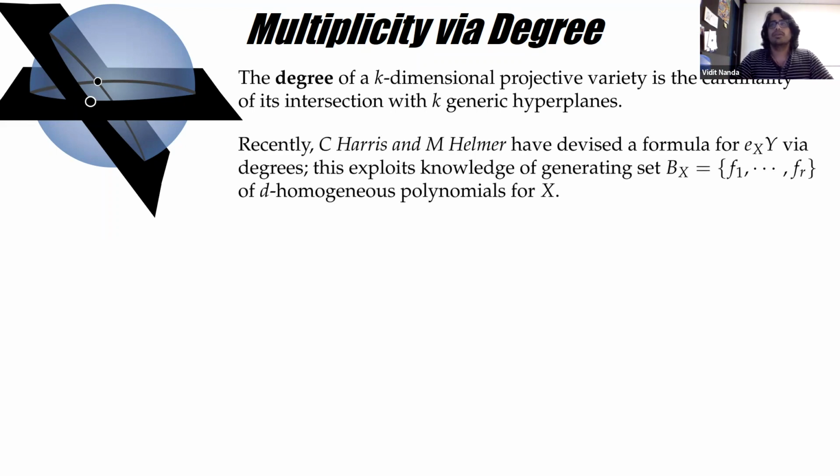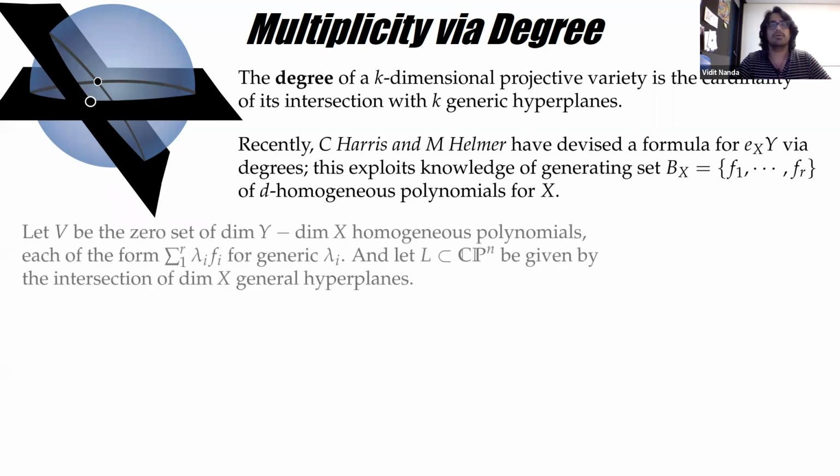Okay, so there is a formula for describing this e(x,y) number that I want to talk about in terms of degrees. If you know the generating polynomials for the smaller variety X, and they're all degree d homogeneous polynomials, then you can take linear combinations of them.